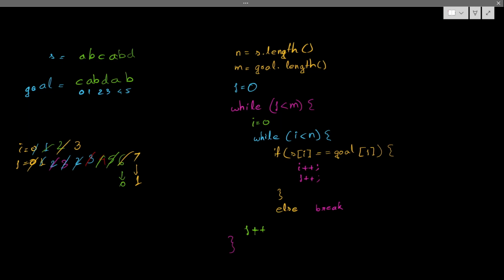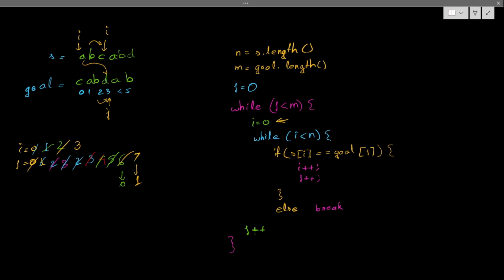So at this point of j, if I don't do anything, let me show you what I am saying. This is i and this is j. At the next iteration, if I do j plus plus and i plus plus, from here to here i came, and from here to here j came. Now it is not matching. Now I will go to 0 at the next iteration. But in this position, there could be a possibility that my string could start matching from here.